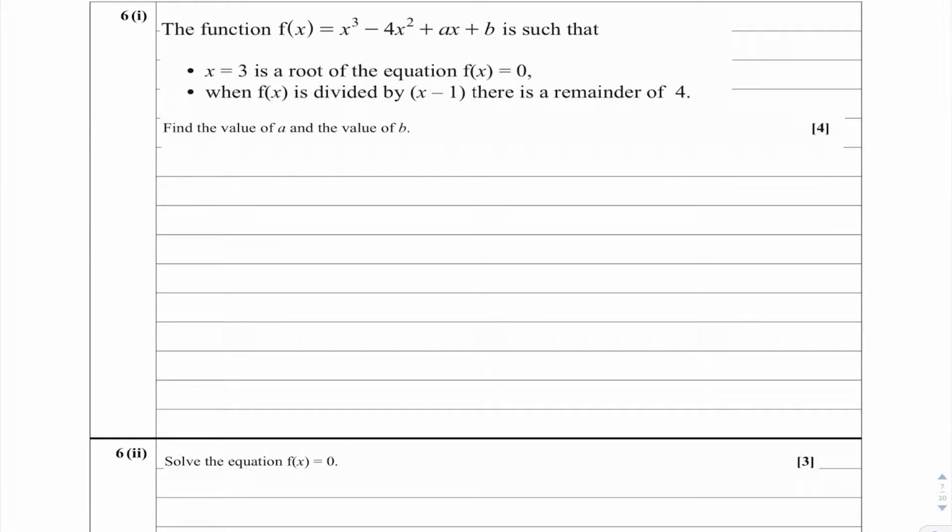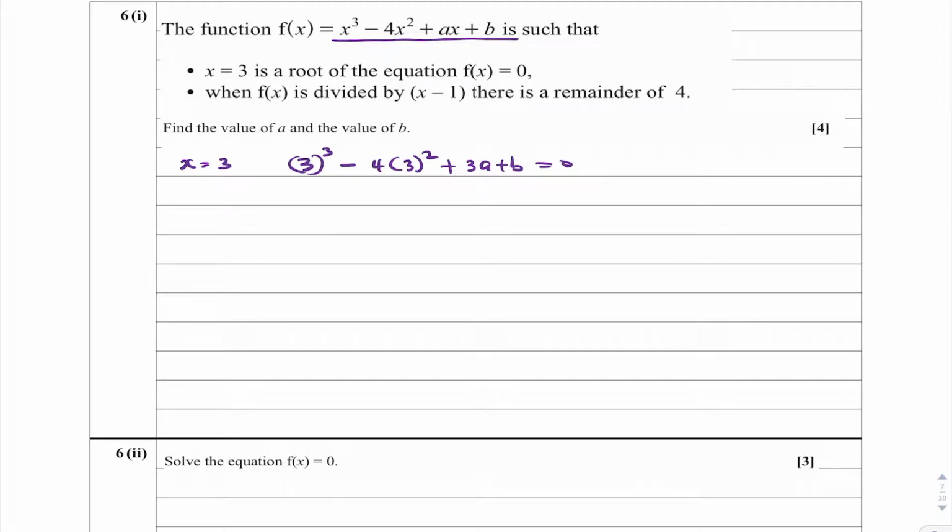So when x equals 3, I get 3 cubed minus 4 times 3 squared plus 3a plus b equal to 0.